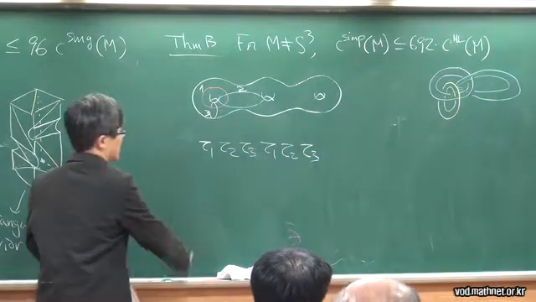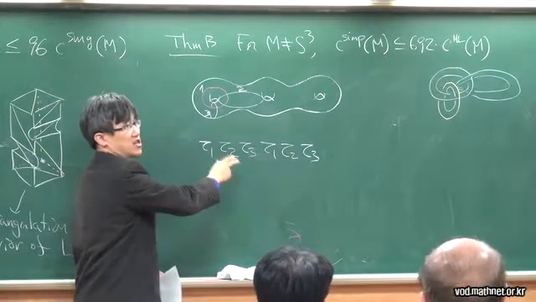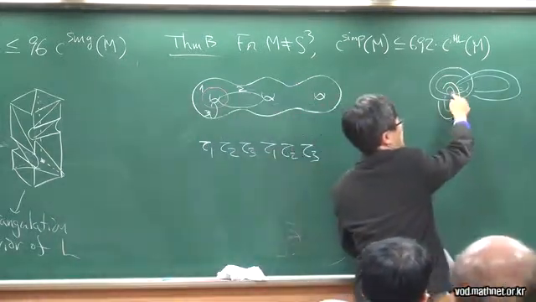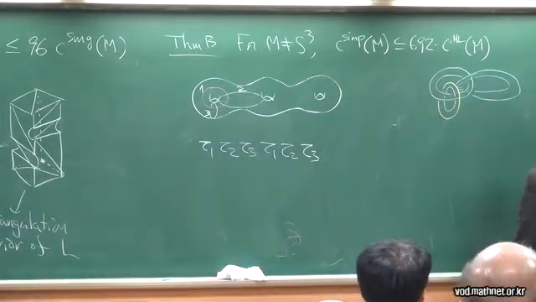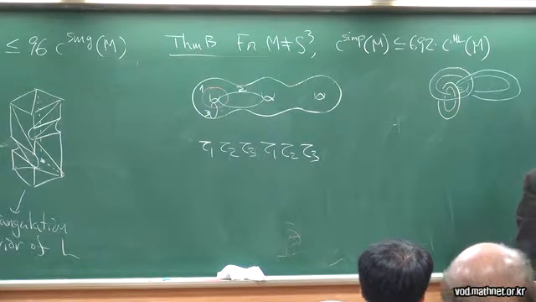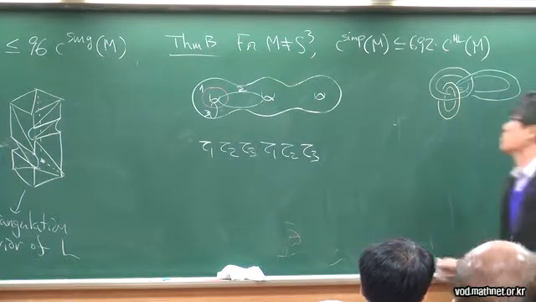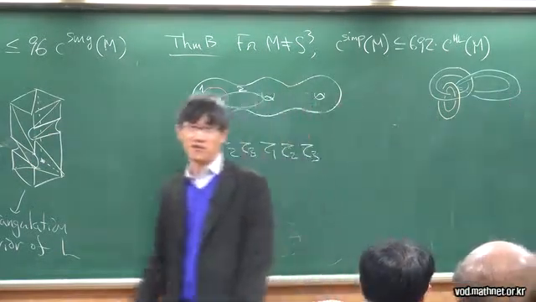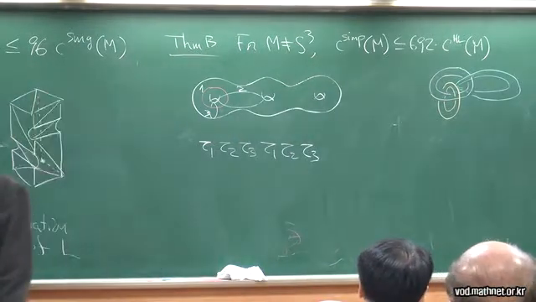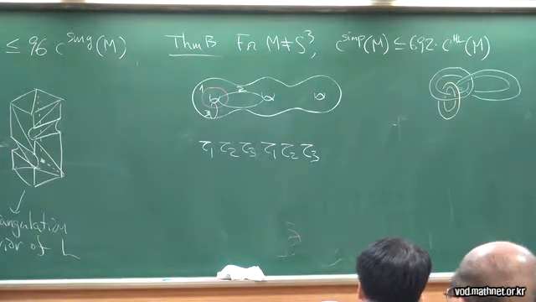Here the length is increasing linearly, but now I have a quadratic increase of the number of crossings. So this method won't give us such a linear inequality. So we need to be a little bit more clever.